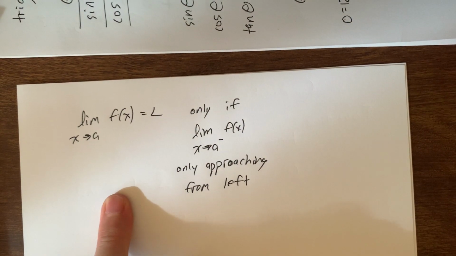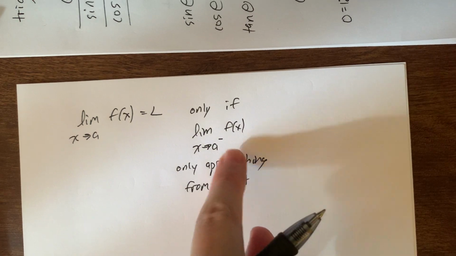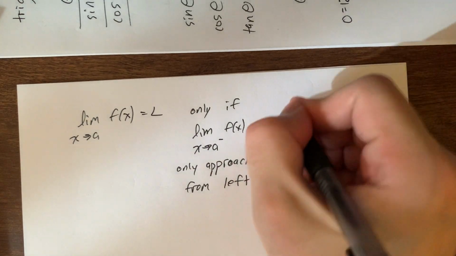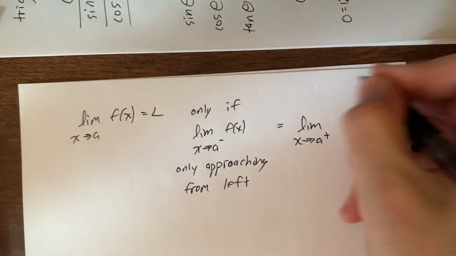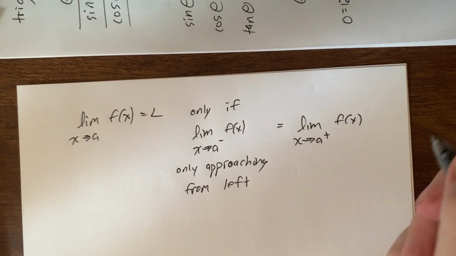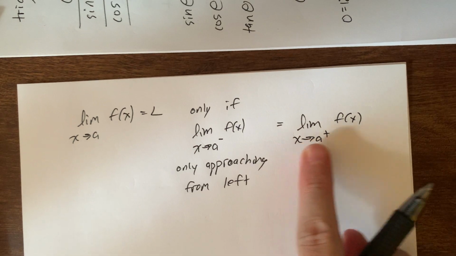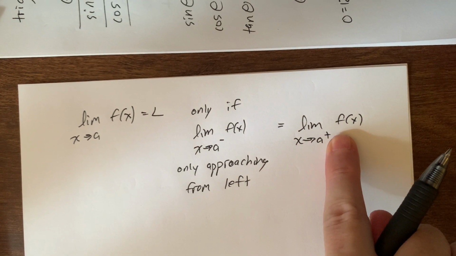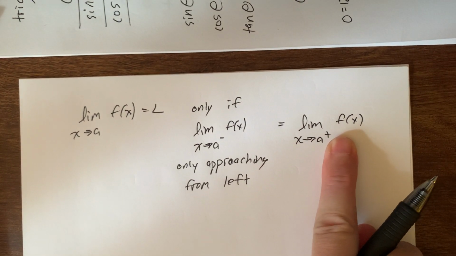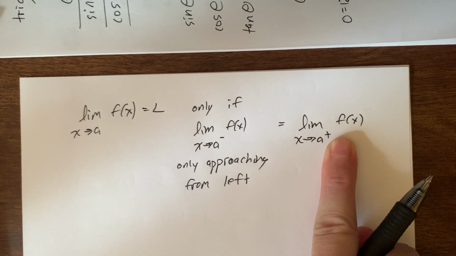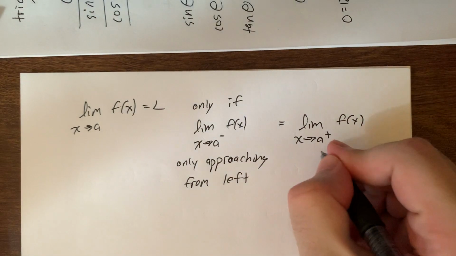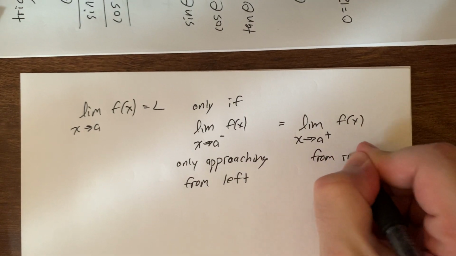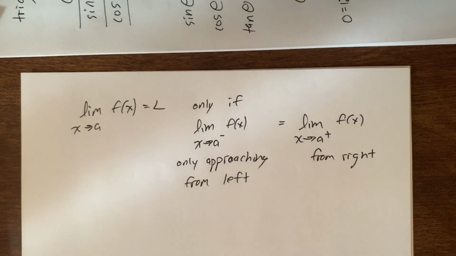Negative is the left side of our xy axis, so with that negative we're only approaching from the left. And that has to be the same value as if we approach a with a plus on that exponent. Again, it's not really an exponent, it's just where you put it. You put it where you would put an exponent, and that would indicate that we're only approaching from the right.